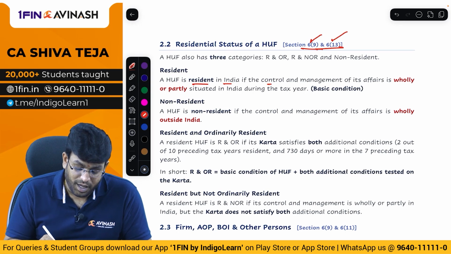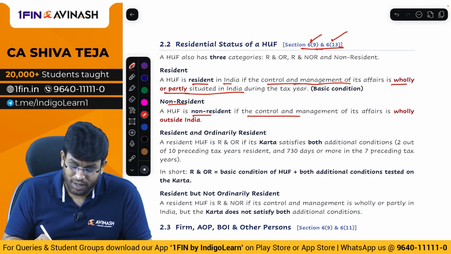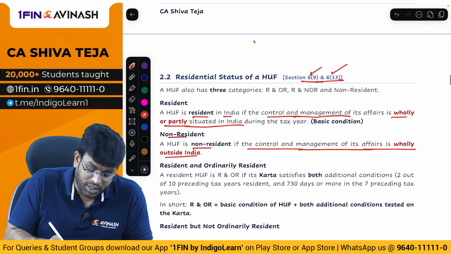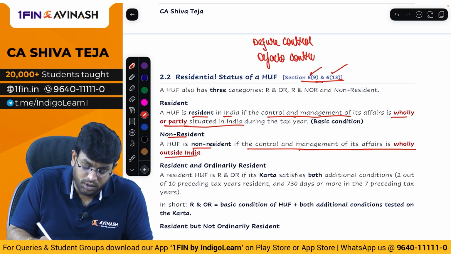HUF is resident in India if control and management is wholly or partly in India. And it is non-resident if control and management is wholly outside India. And generally we talk about control and management, my dear friends, there is something called de jure control and de facto control.